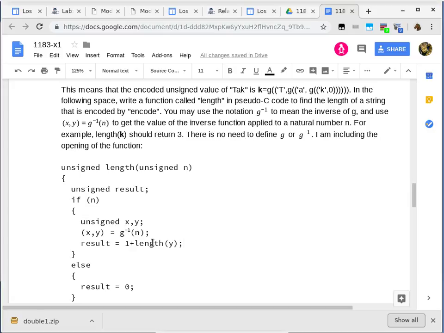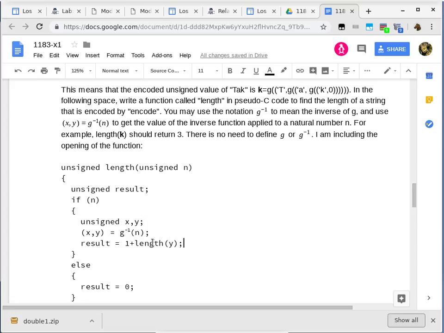In that invocation, I unravel the g value of K and the null character, which means x is the ASCII code of K, and y is 0. But I'm still going to do the recursion here, because the 1 plus is accounting for the non-null character K, so I call length again, even though y is already 0.